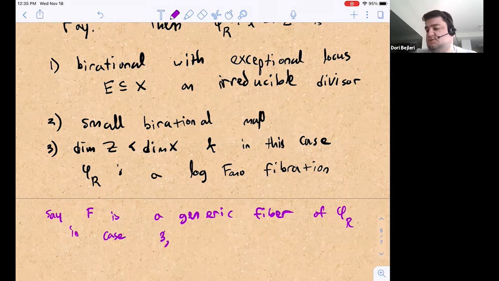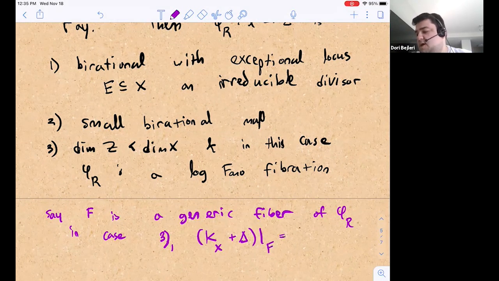Then we saw this argument before, by adjunction applied over and over again. When we restrict to the generic fiber, K_X + Δ restricted to F will become K_F + Δ_F, whatever Δ restricted to F is.